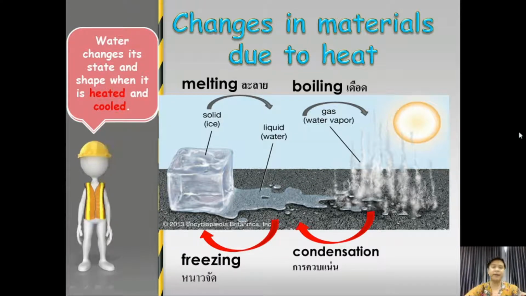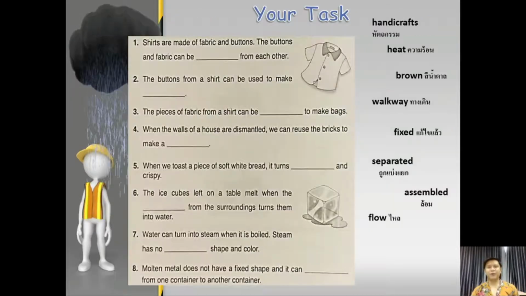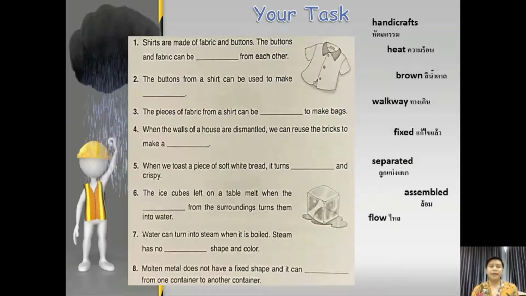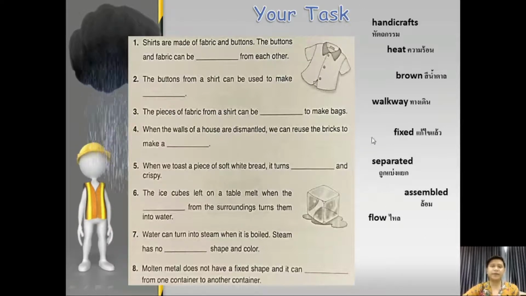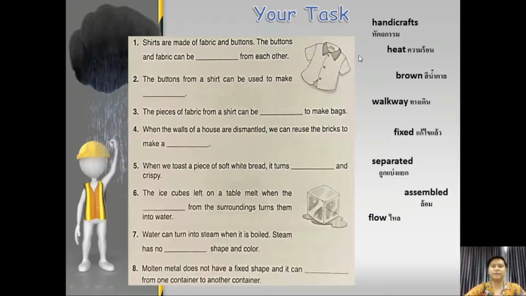Okay, just remember. So this time we're going to answer some tasks. These are the vocabulary words that you can use to answer these questions. So let's fill in the blank.